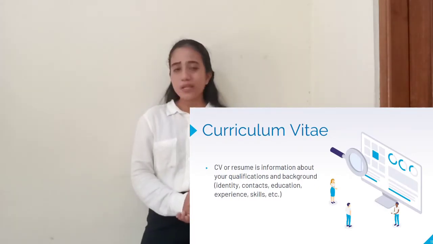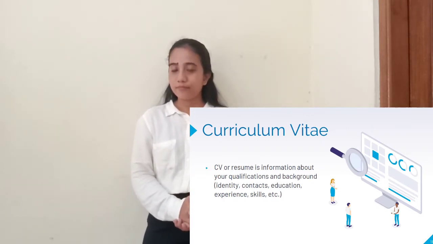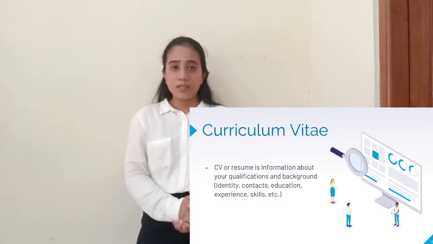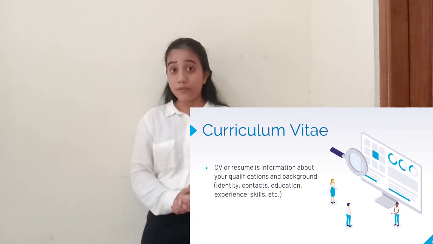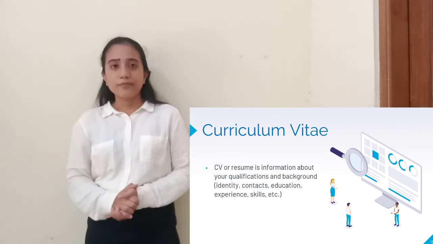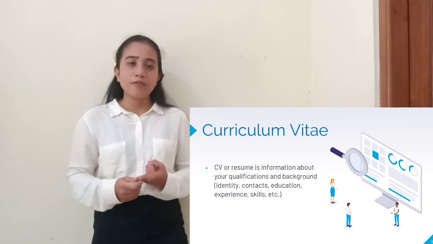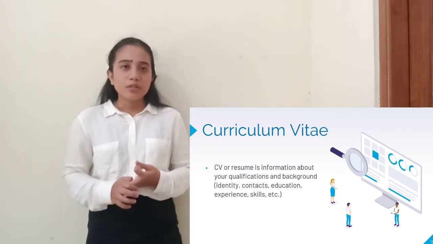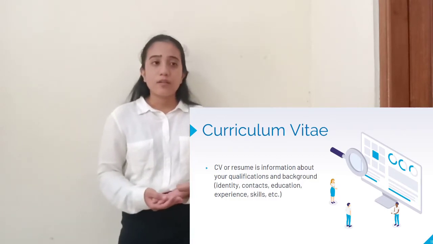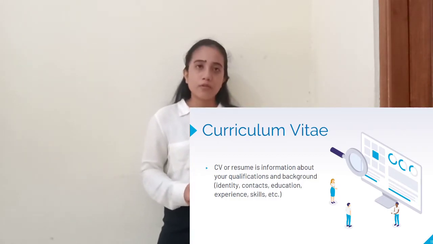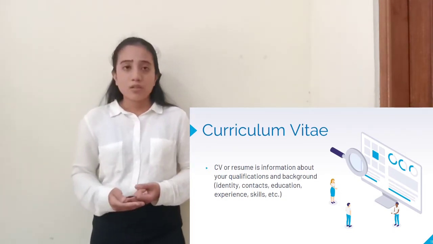Now, curriculum vitae. What is curriculum vitae? CV or resume is information about your qualification and background, like identity. Identity is name, date of birth, and origin, etc. And then contact, like your phone number, your email, and then education.